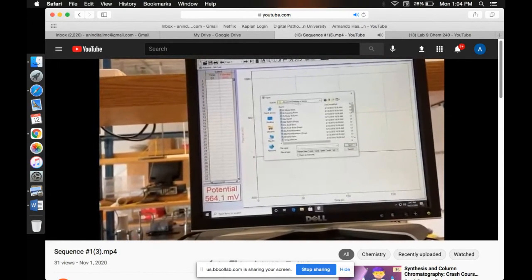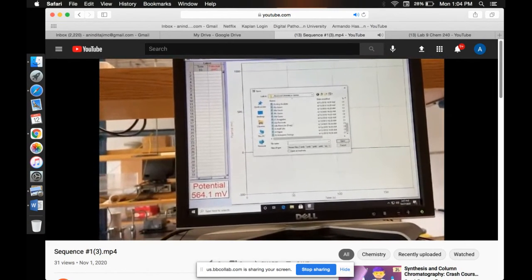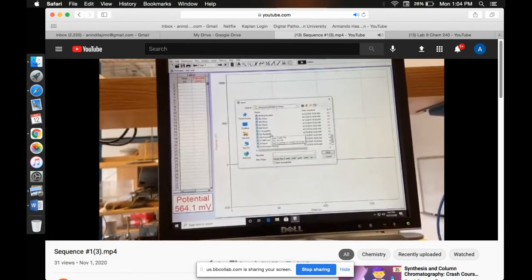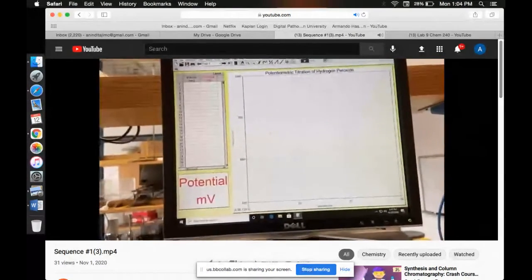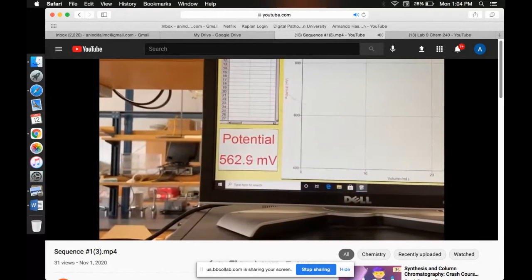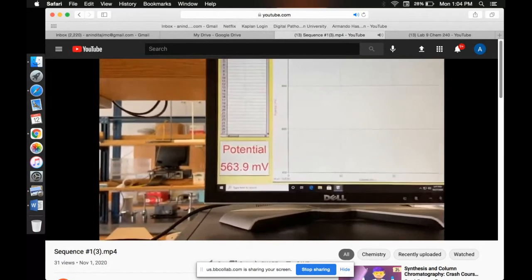Then we go to Advanced Chemistry Vernier, it is already there. If you take a look at the book, you will see the peroxide experiment, this one we are going to use. As you can see, the potential is 563 millivolts.